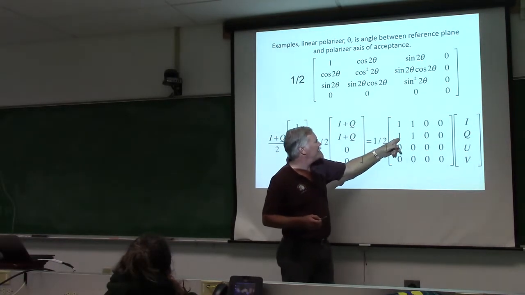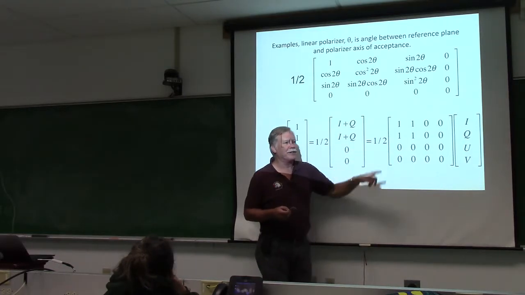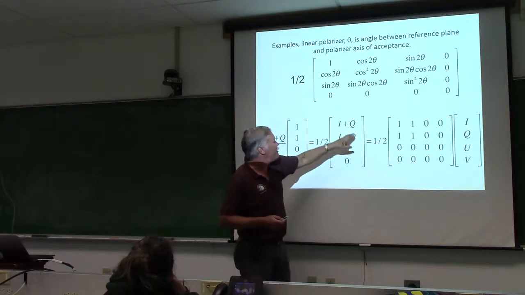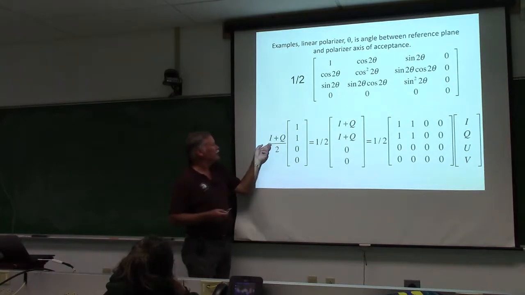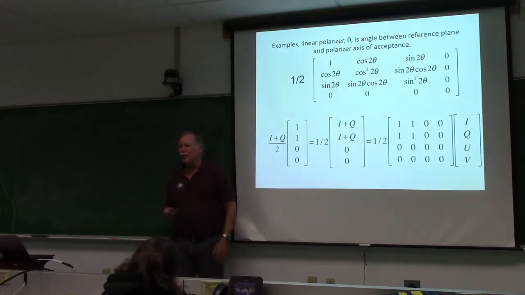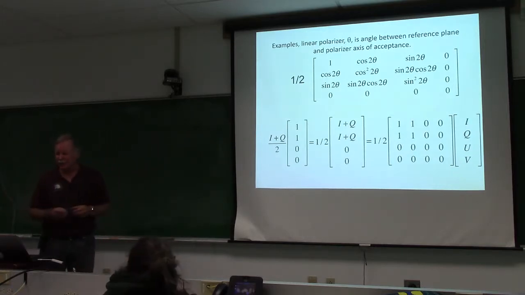You get 1 up here, and so your intensity drops by a half. Okay, so that's the half. So whatever comes in, multiply by a half, you get I plus Q, 0 times a half. So it's I plus Q over 2, and then 1, 1, 0, 0, which we said before was light polarized along the L coordinate. Okay, so a linear polarizer works really well.